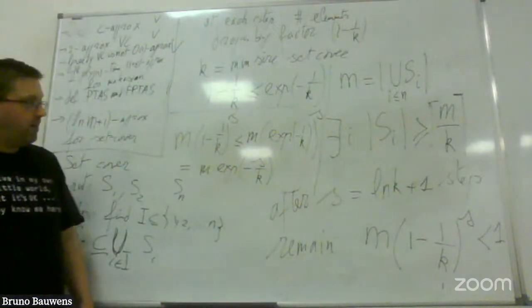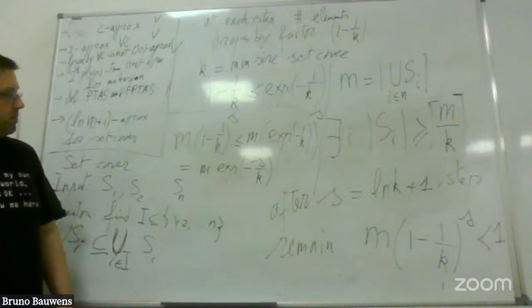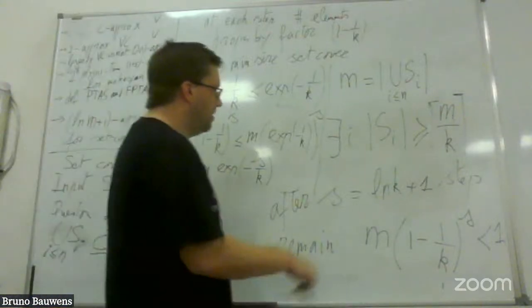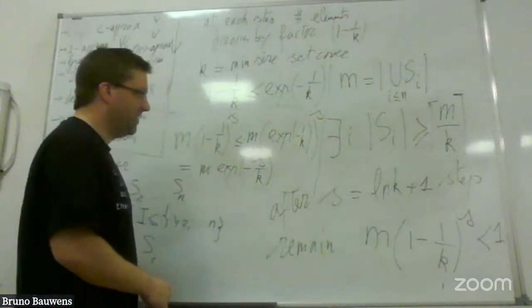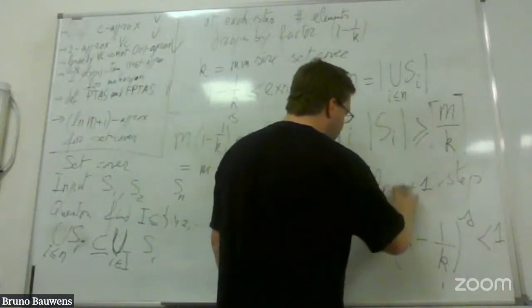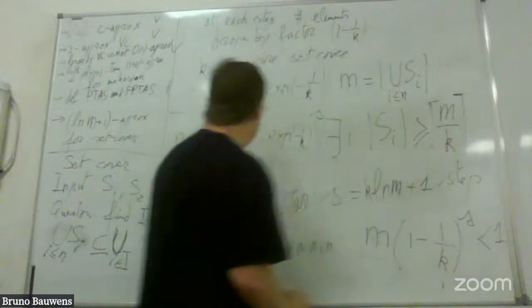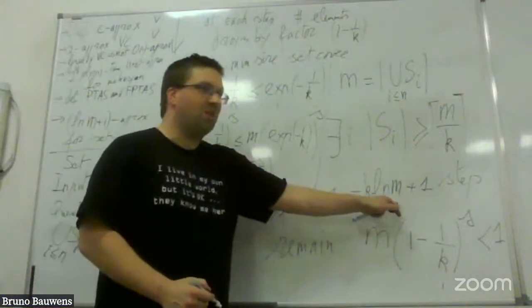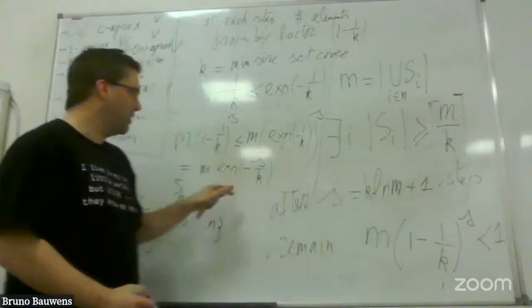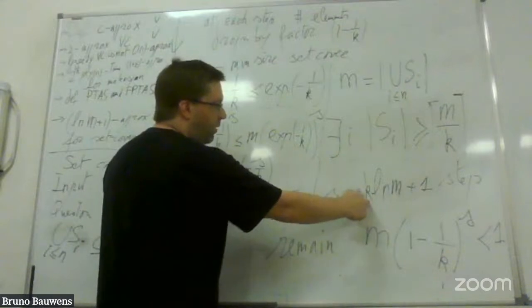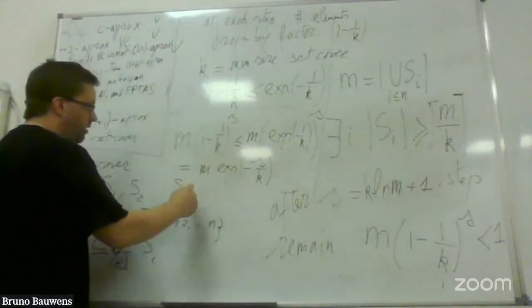Now, okay, I created a mess. What I needed is s equal to k ln m. If I insert the correct value, things work out for us. We need s over k, which is ln m plus 1.